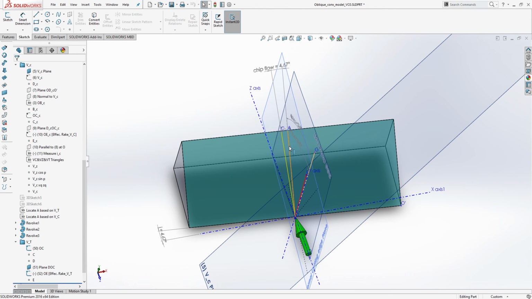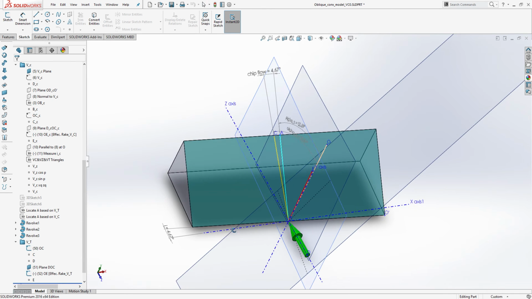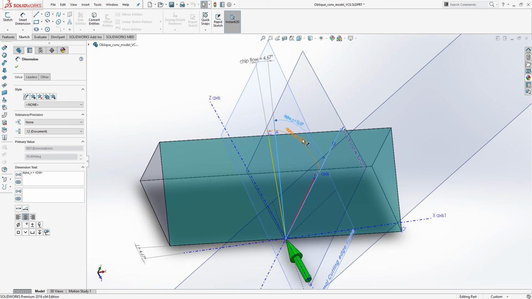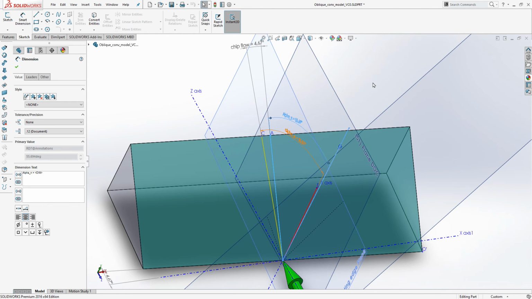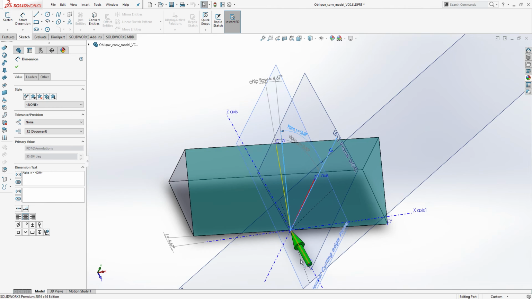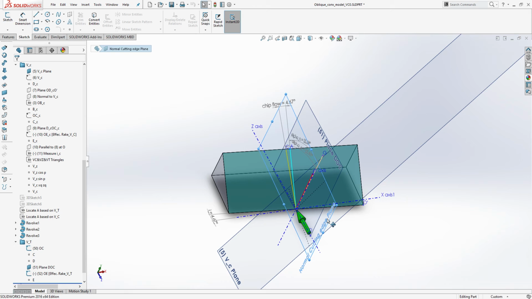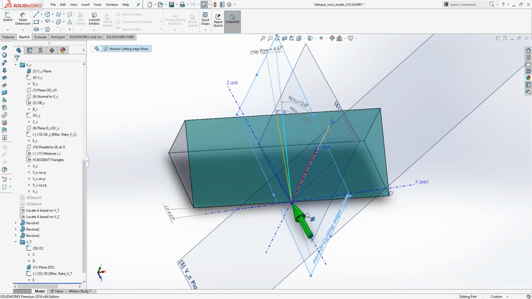So I can draw this line OA, and I can measure alpha n, which in this case is 55.69, to a line that is perpendicular to the tangential velocity. So the OA and alpha n are on this plane that is normal to the cutting edge.